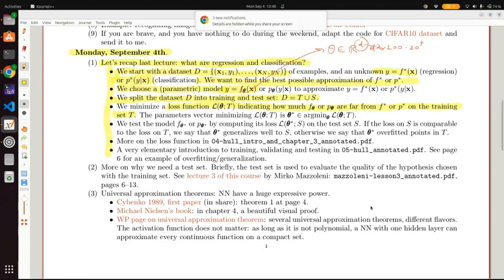So after we find this candidate function, we can test the model. We can test the model by computing the loss on the test set. And if the loss on the test set is comparable to the loss on the training set, we say, okay, I think I made the best I can do with my data.